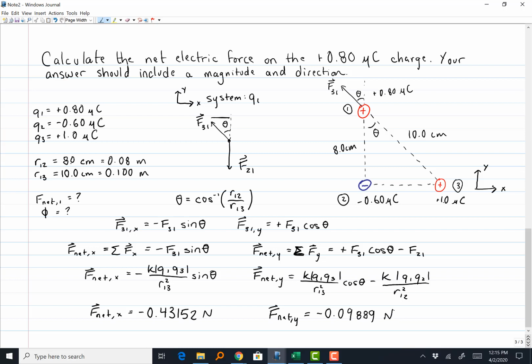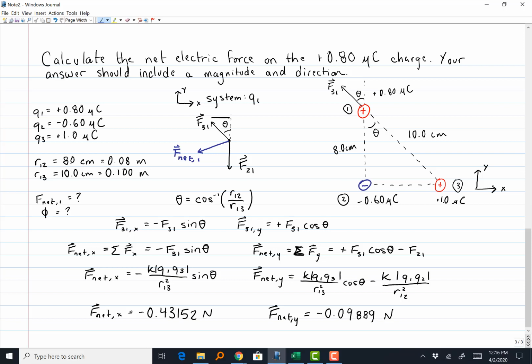The main thing that I'm interested in right now is the fact that both of these answers are negative. So this means that my net force is going to end up being in my third quadrant, and so I can add that into my diagram. And so it's going to look something like this.